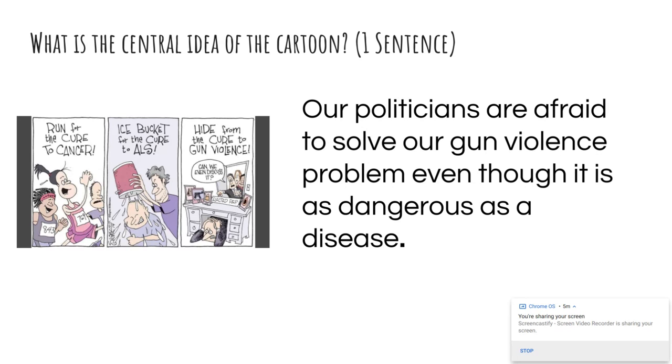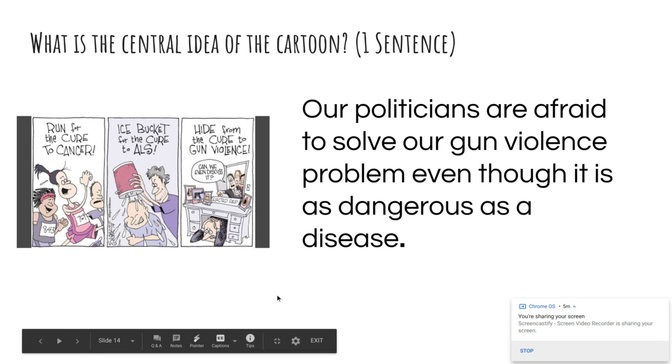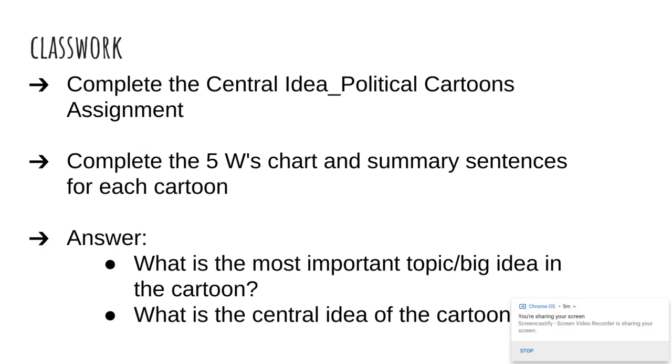Our politicians are afraid to solve our gun violence problem, even though it is as dangerous as a disease. So, this or a similar sentence could be considered the central idea of the cartoon. There's a reason that we have a disease here and a disease here. The cartoonist is trying to compare gun violence to these diseases and to also show us that while we all want to fight for these diseases, not everyone is fighting to change our gun violence problem or to cure it. That's the central idea.